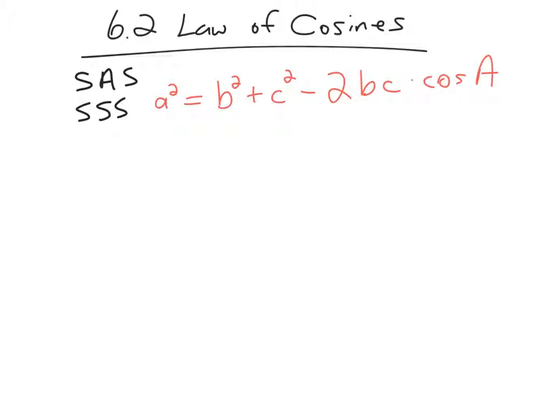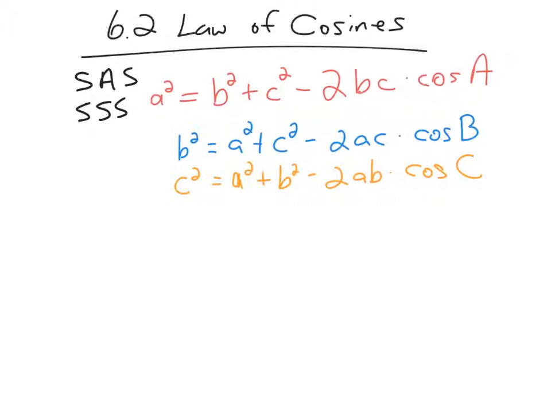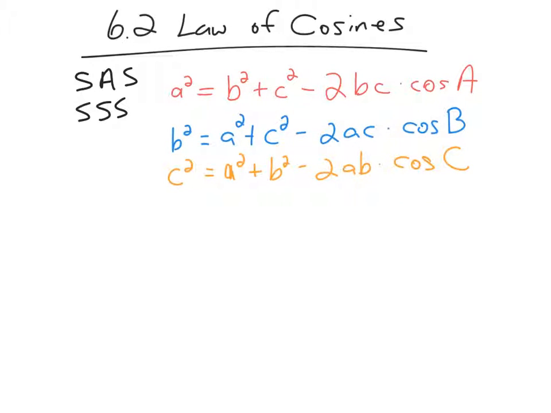Now, we can rewrite this in terms of B or side C, so we could write this as b squared is equal to a squared plus c squared minus 2ac times the cosine of B, or we can write it as c squared equals a squared plus b squared minus 2ab times the cosine of C. It's all the same formula, and you'll notice the pattern holds: one side squared is equal to the other two squares added together minus 2 times those two sides times the cosine of the angle associated with the side that's across from it.